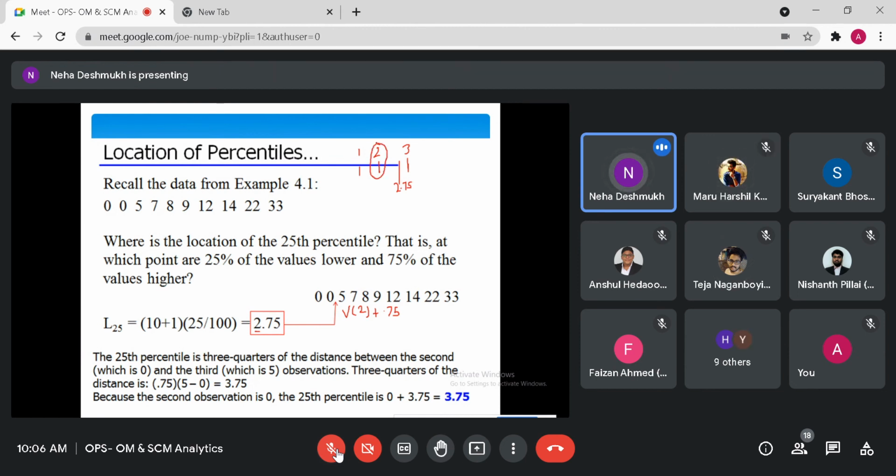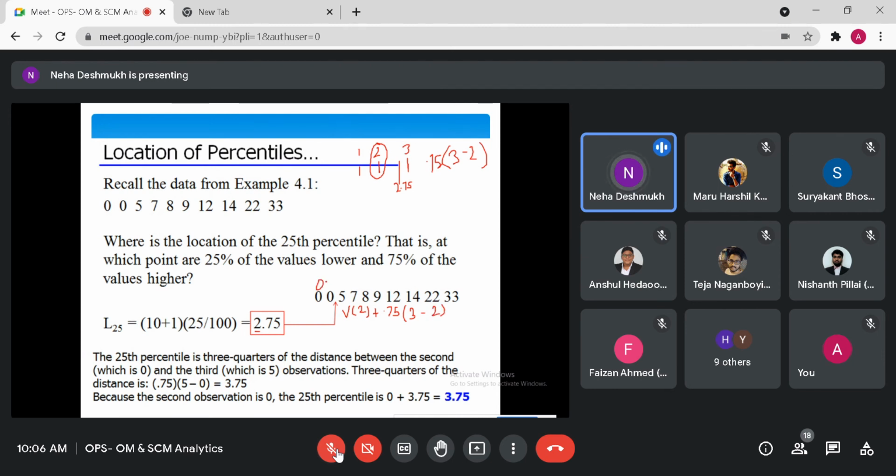Listen to it carefully. Value at second position plus 0.75 portion of the data distribution between the third position and second position, right? So in this case, value at second position plus 0.75 times (value at third position minus value at second position).